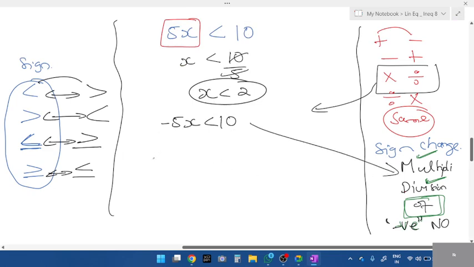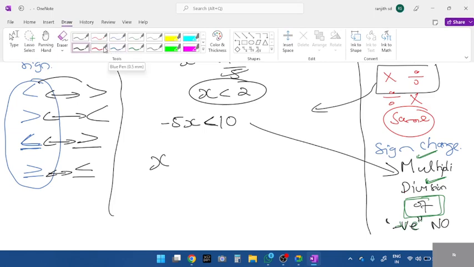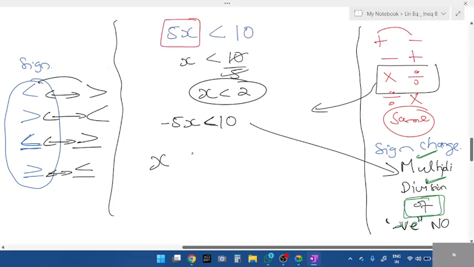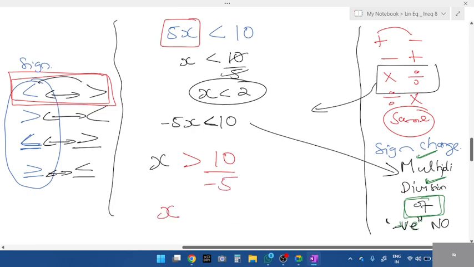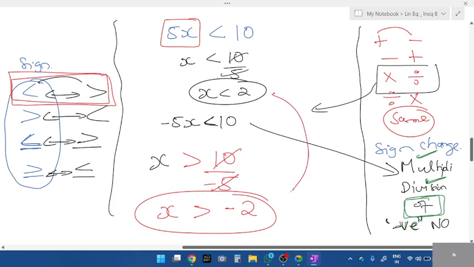X remains as it is. What is the symbol given here? Less than or greater than? Less than. Less than should change to greater than. Very good. Greater than 10. Minus 5 will get divided like this. So x is greater than, you get minus 2 as the answer. Can you see the difference? Minus 2 and plus 2.